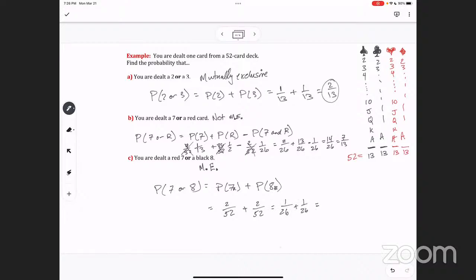And what do you get when you add those? 2 out of 26. And that reduces to 1 out of 13. I was like, wait a minute. So that is probability.